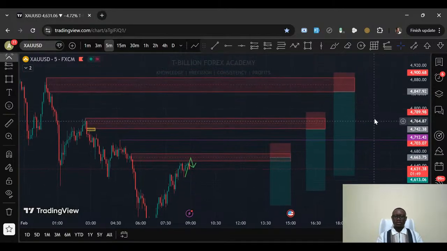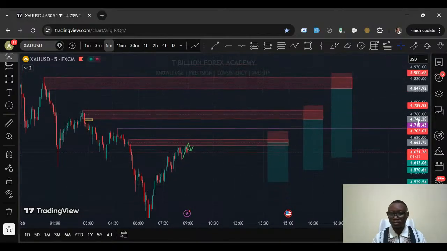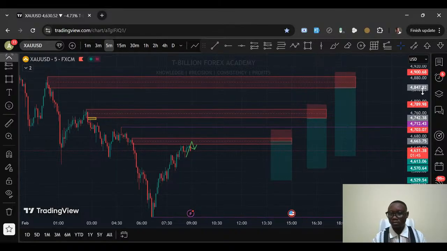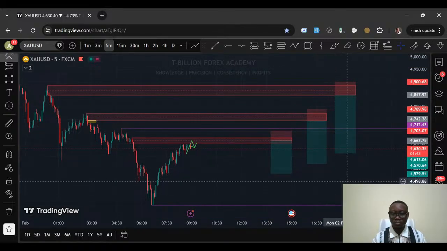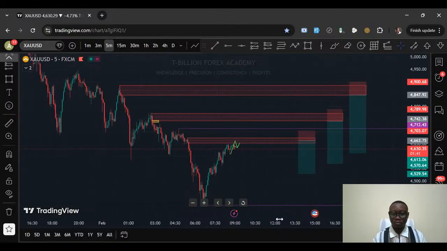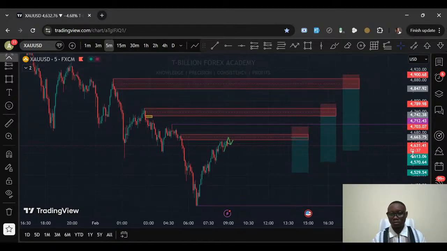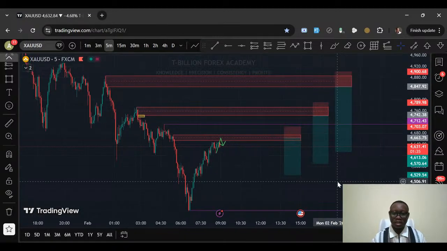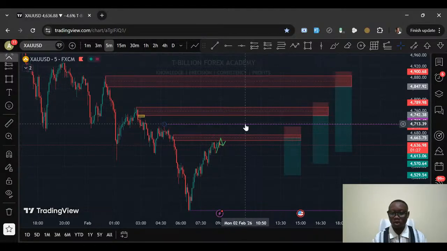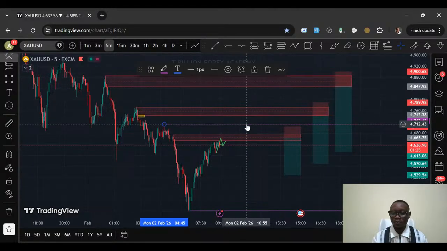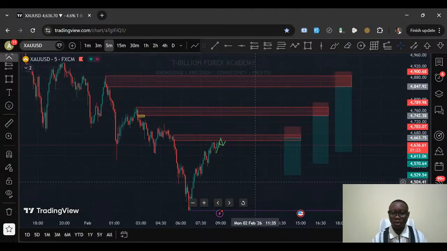All right, guys, so this is it. I'm going to share this and the coordinates on the free signal Telegram channel, as well as my private WhatsApp group. So we're going to monitor this trade. When price gets to these zones, we observe price action at the zone.